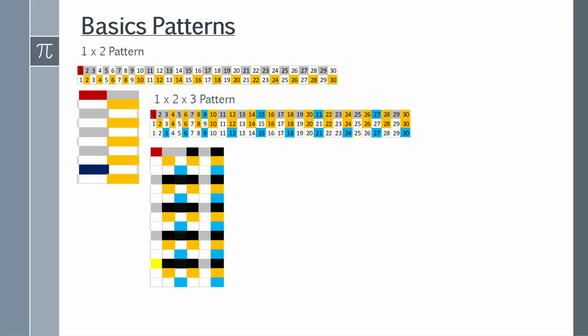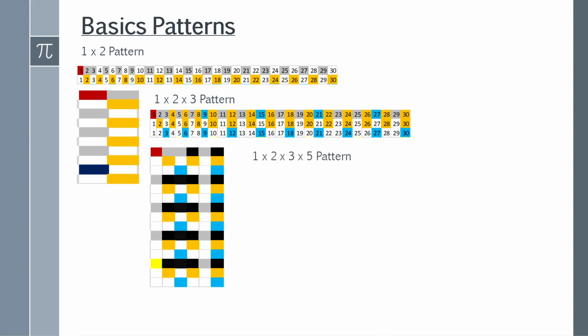But just looking at this pattern, 25 is still a potential prime, because I haven't looked at my next pattern. I need the next prime to know 25 is not a prime.